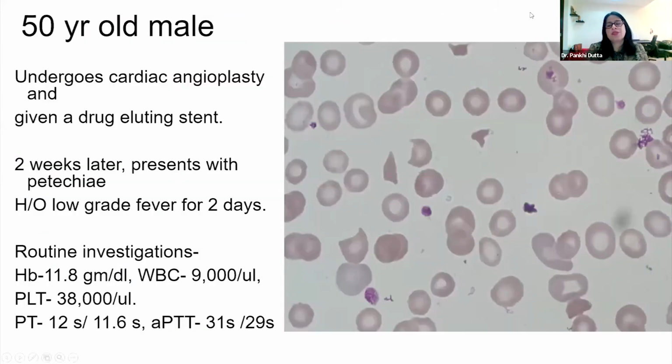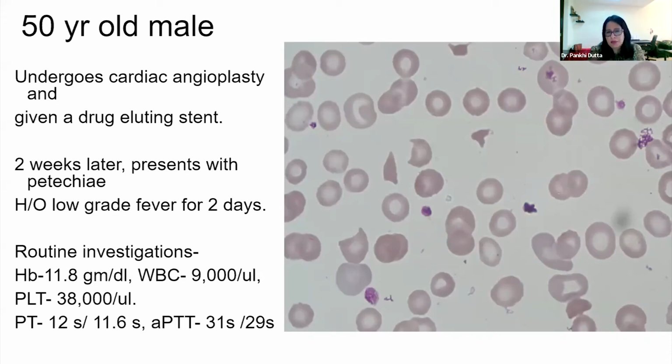Then we move on to yet another type of hemolytic anemia. Again, these are all real life cases. This was a 50-year-old male who underwent a cardiac angioplasty, and he was given a drug-eluting stent. Two weeks later, he came with petechiae, history of fever, and some confusion.